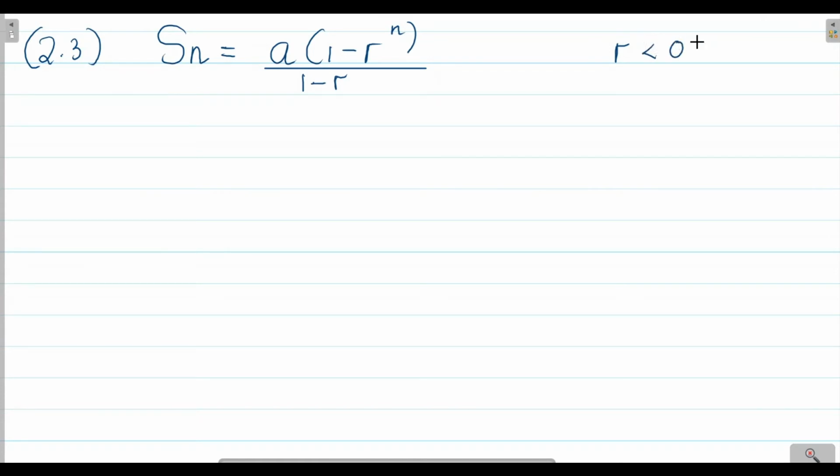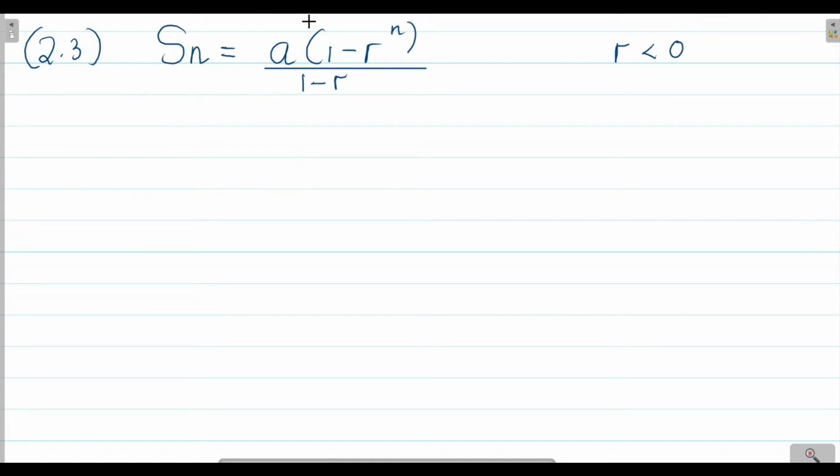The formula is slightly different when your R is greater than 0. So please make sure that you watch this video, guys, because I give an in-depth explanation of how you calculate the sum when your R is greater than 0 or less than 0.